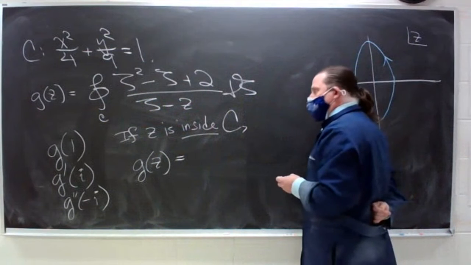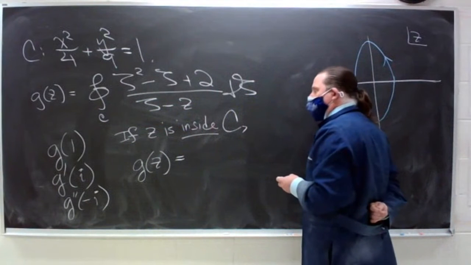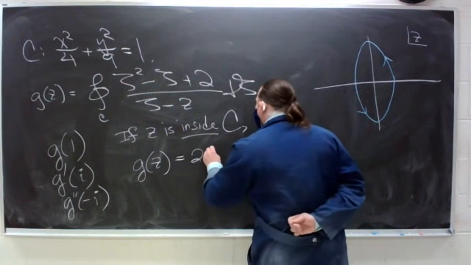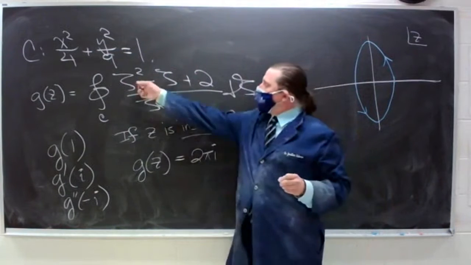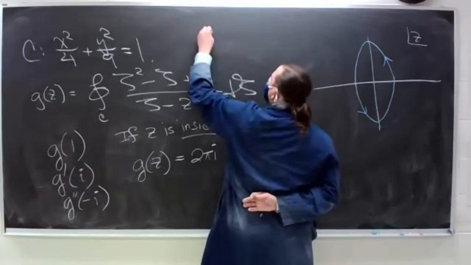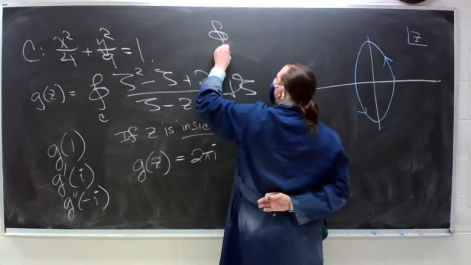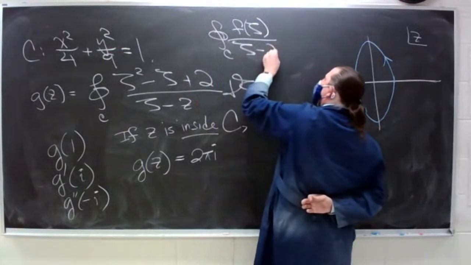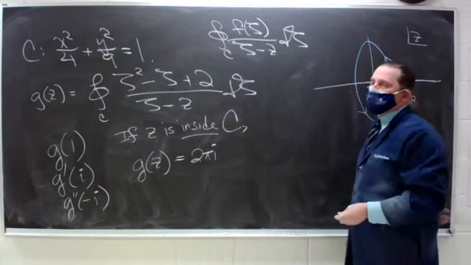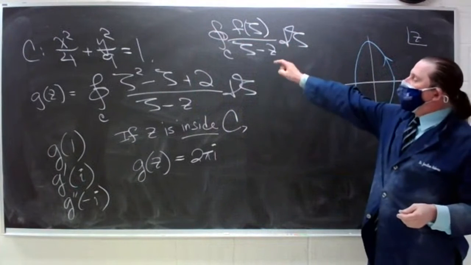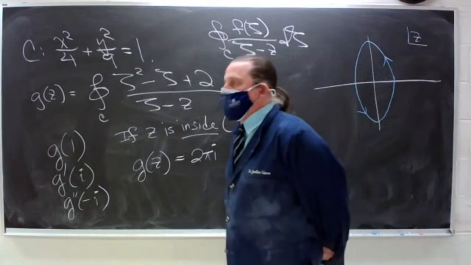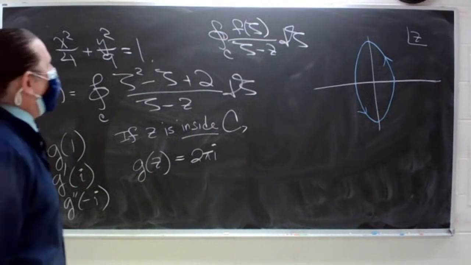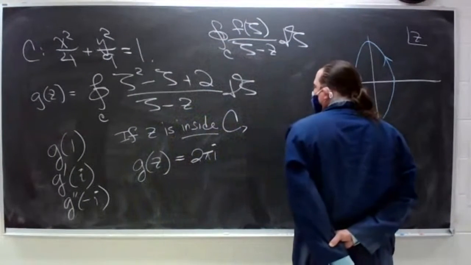So g of z is equal to 2 pi i. And then see what we've got here? This is f of zeta divided by zeta minus z d zeta. So that's 2 pi i f of z.